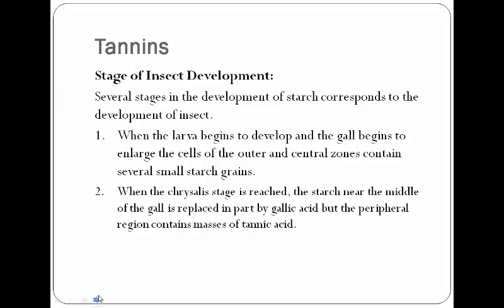When the chrysalis stage is reached, the starch near the middle of the gall is replaced in part by gallic acid, and the peripheral region contains masses of tannic acid.